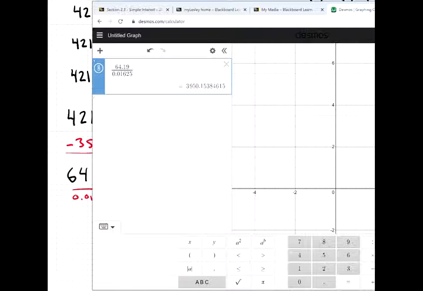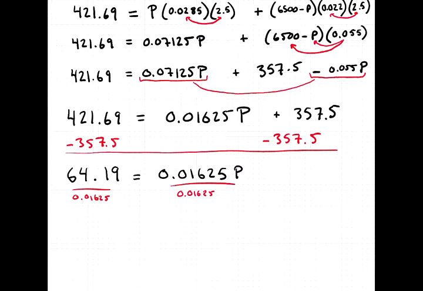All right, 3,950, and we'll round to the nearest penny, so we'll keep two decimal places, so .15. So on the right-hand side, these two cancel, so we have P, and on the left we have our $3,950.15.